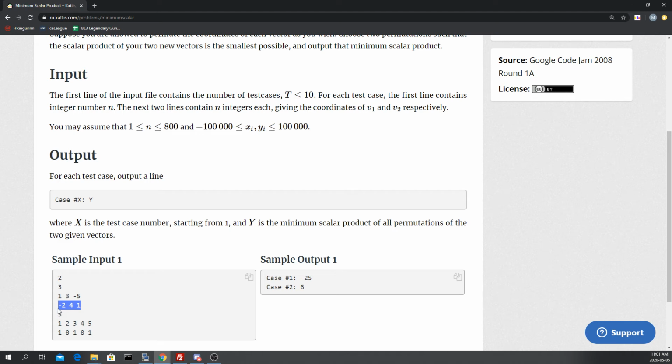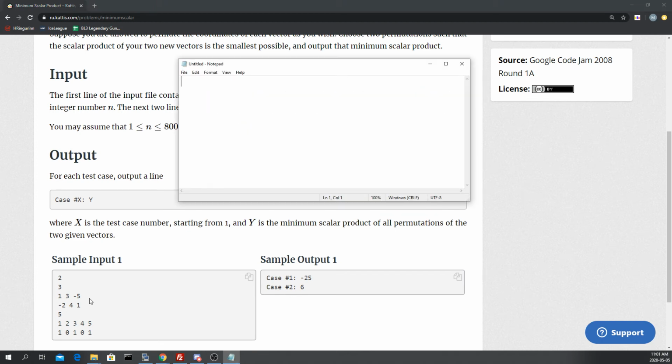If we do -5, 1, 3, and 4, 1, -2, then we get, so let me write this down, 1, -5, 1, 3, and 4, 1, -2, then this is gonna be -20. We'll have +1 and -6, which is 25.